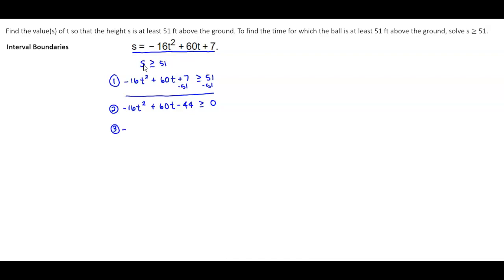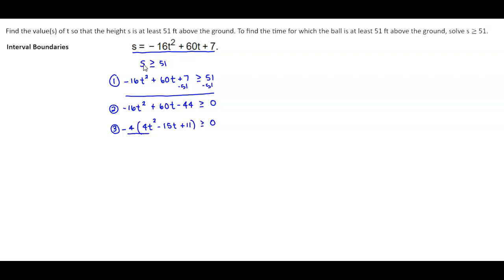What's left is positive 4t squared minus, well, how many times does 4 go into 60? 60 divided by 4 is 15, so that's minus 15t. And what do you have to multiply by negative 4 to get negative 44? That's positive 11, and that's greater than or equal to 0.